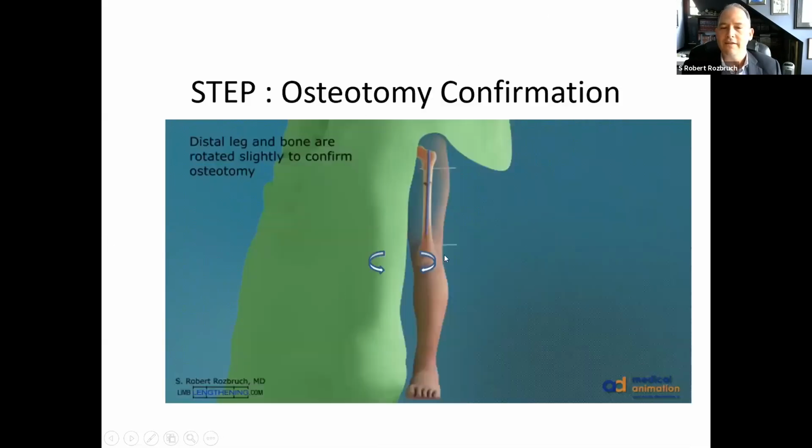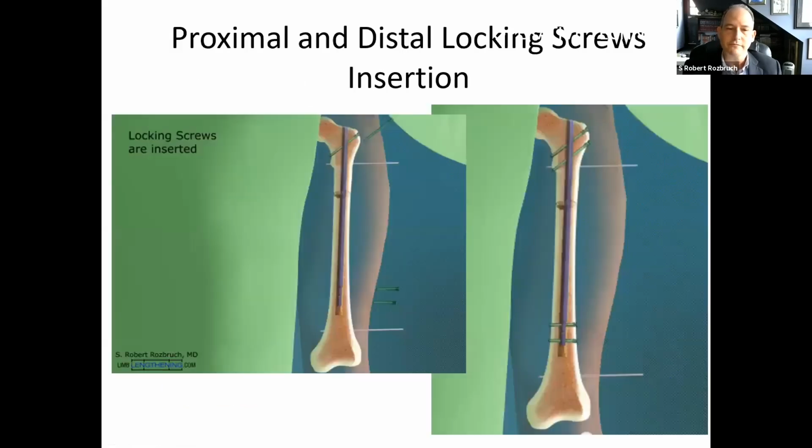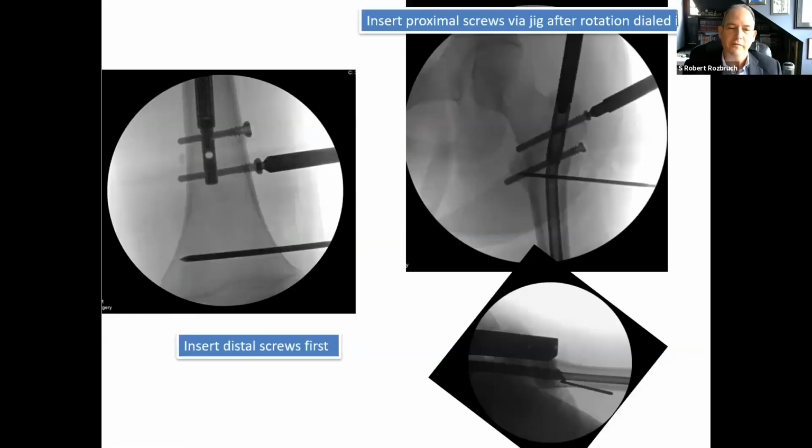Once the nail is in the distal segment, I like to rotate a little bit around the nail to make sure that my osteotomy is complete. And I'm not really worried about that because I've got my rotational markers that take me back to my starting rotation.